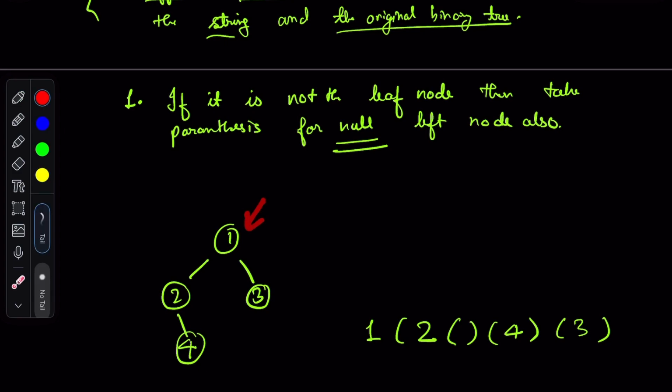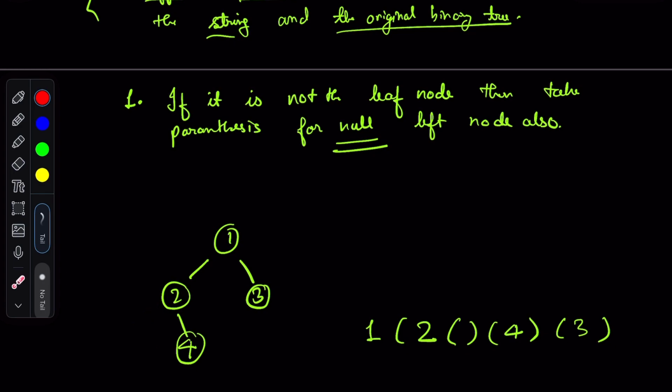First we'll visit our root, we will print it. Then we will first go to the left side, then after that to the right side. Going to the left side, we check that 2 has now become root. So we will print 2, then go to its left child. We see that it is null.